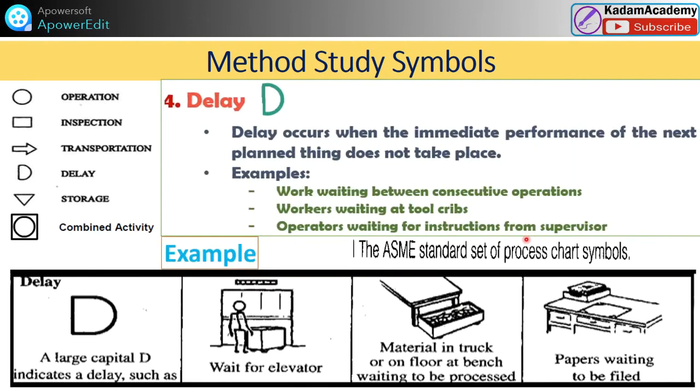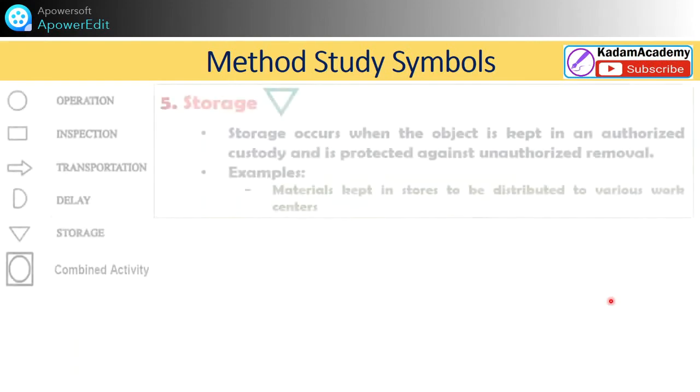These are delays. Examples are shown for clarity: waiting for an elevator, material in a truck or on the floor at a bench waiting to be processed, or paper waiting to be filed.